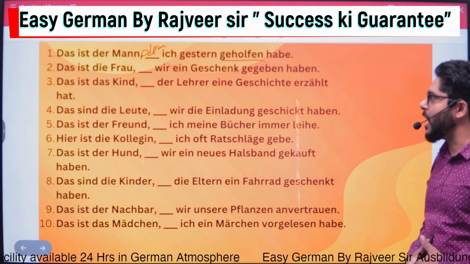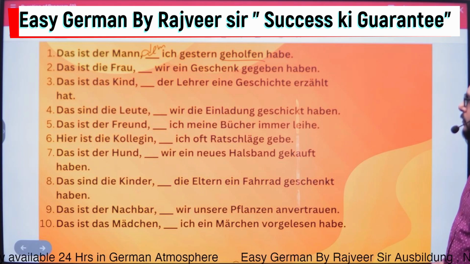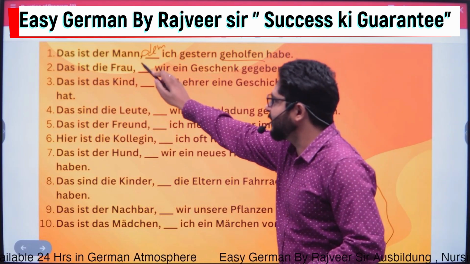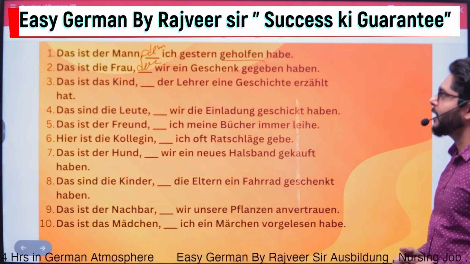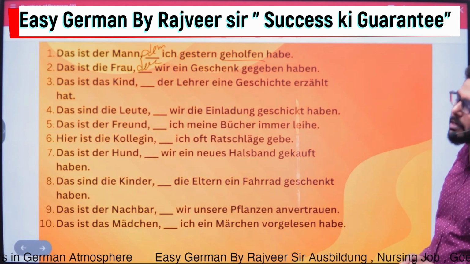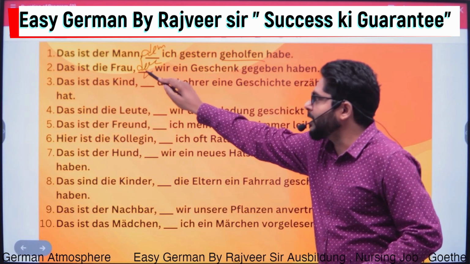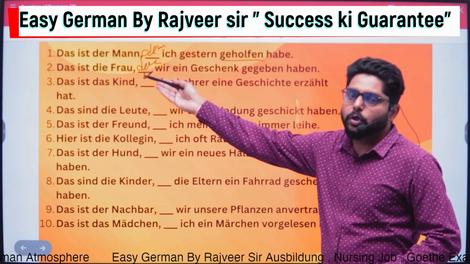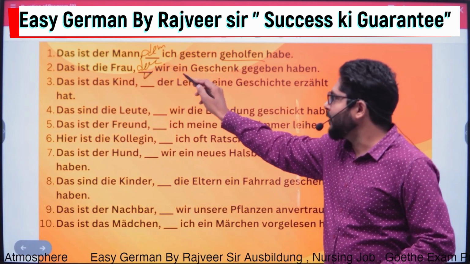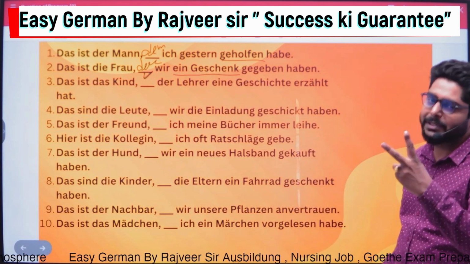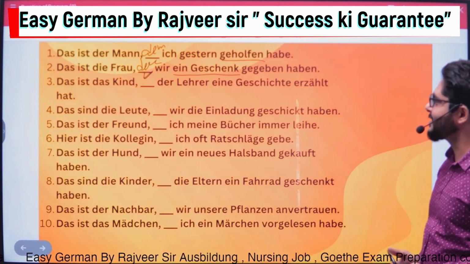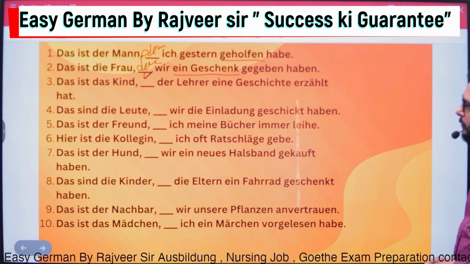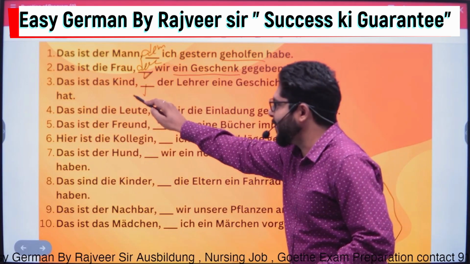Next one, das ist die Frau, der. So das ist die Frau, der wir ein Geschenk gegeben haben. Whom have we given the gift? To the lady, and what have we given? A gift. Two objects are there, and given is already dative. Next one, das ist das Kind, dem.